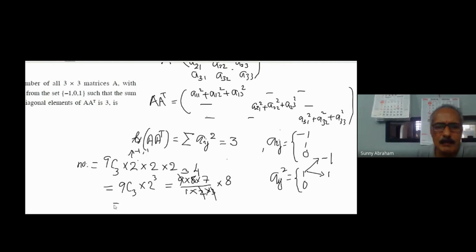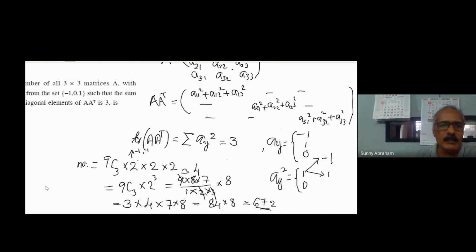So the answer will be 3 into 4 into 7 into 8. That is 3 into 4, 12. 12 into 7, 84. 84 into 8 is 672. That's the answer.